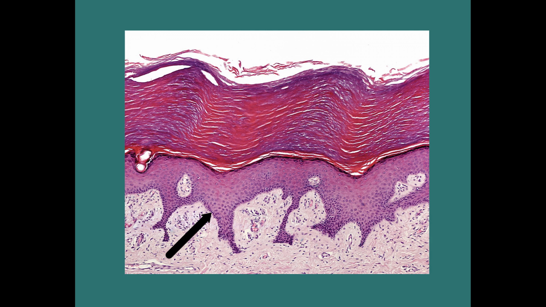And one of those differences that you'll notice is that we have lots of dark staining nuclei, these dark purple dots. If we look into this tissue, we see that those dark staining dots are scattered throughout. And this is in fact a connective tissue, and we're going to talk about how you identify that soon.